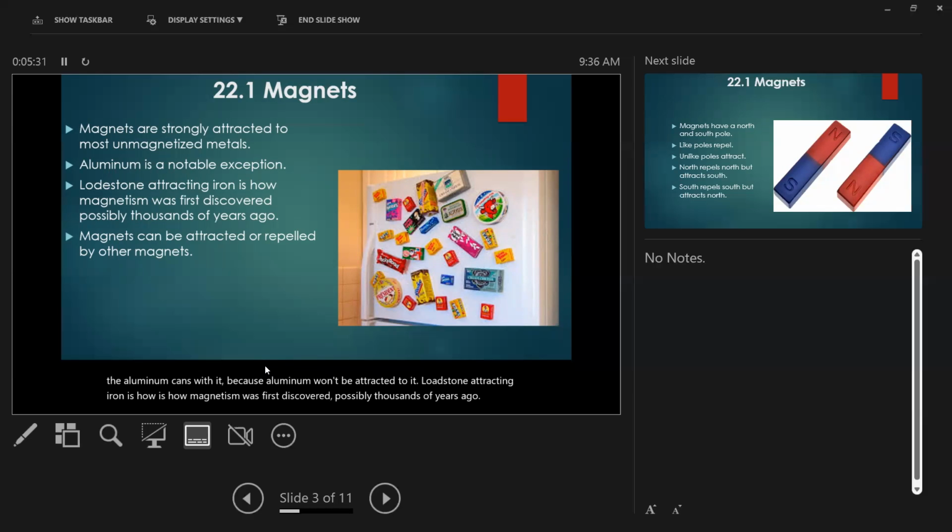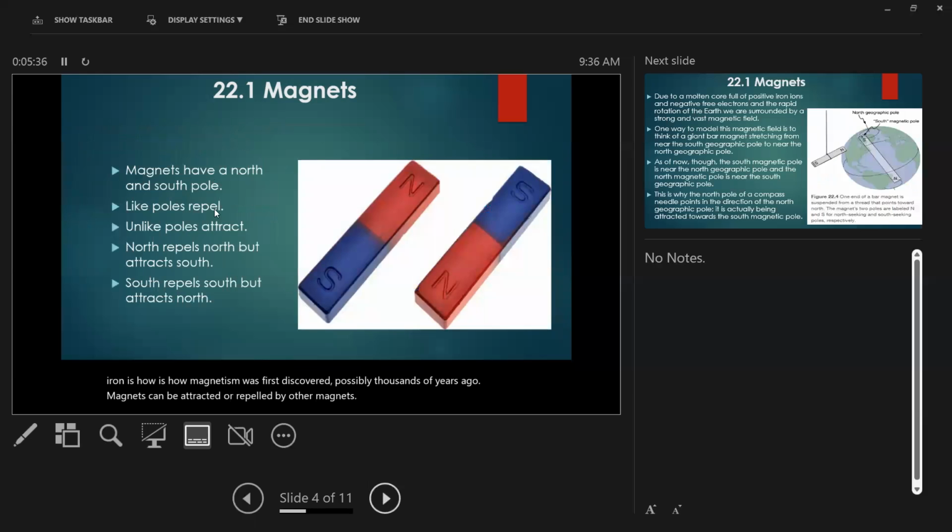Magnets can be attracted or repelled by other magnets. Magnets have a north and a south pole. Like poles repel, unlike poles attract. North repels north, but attracts south. South repels south, but attracts north.